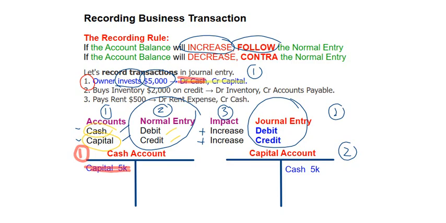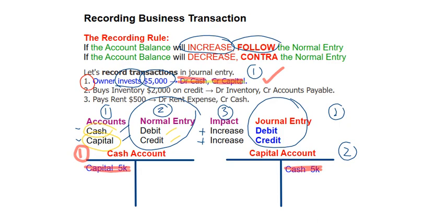But we need to put the description as capital. Then only will it make sense. So done with the first posting, the next posting is for us to credit the capital account. Credit means the right side of the equation. So done. That's the whole process from journal entry to posting to the ledger for the first transaction.